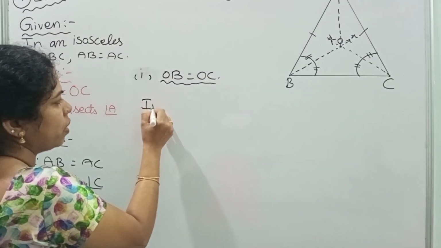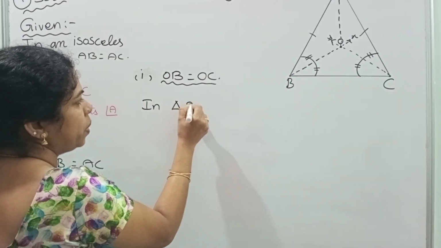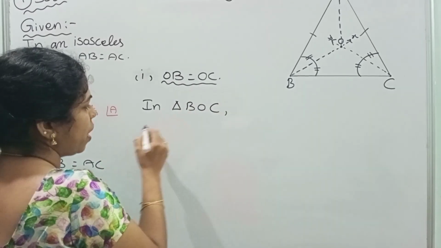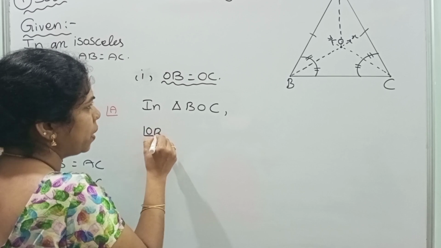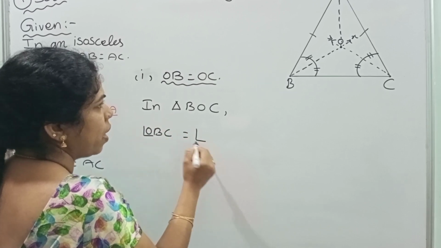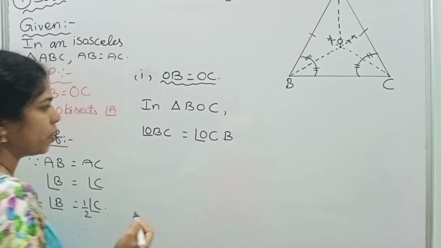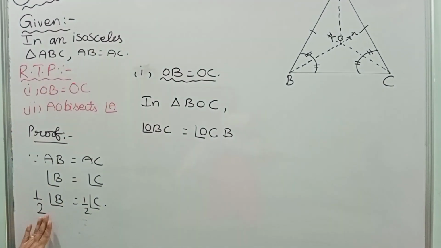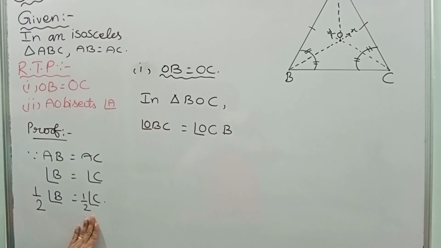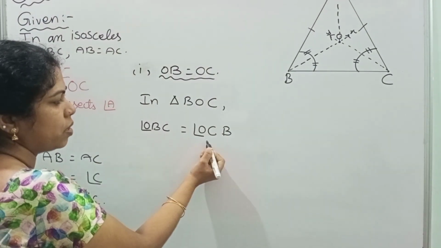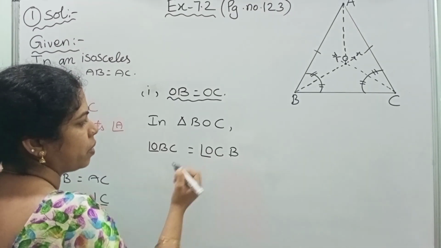So in triangle BOC, we have that angle OBC is equal to angle OCB. Just now we observed that half of angle B is equal to half of angle C. From that, angle OBC is equal to angle OCB.